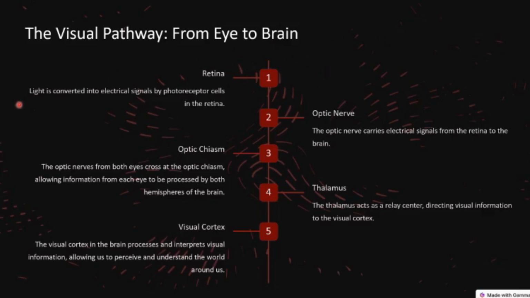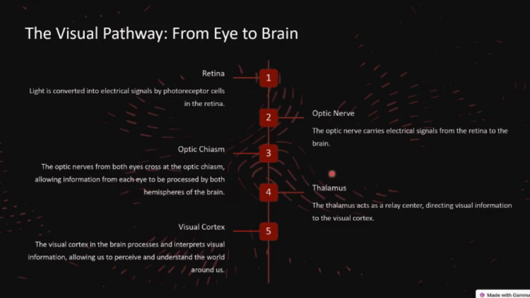From the retina, light is converted into an electrical signal by photoreceptor cells in the retina. The optic nerve carries these electrical signals from the retina to the brain. At the optic chiasma, fibers are crossing. So both eyes cross at the optic chiasma, allowing information from each eye to be processed by both hemispheres of the brain.